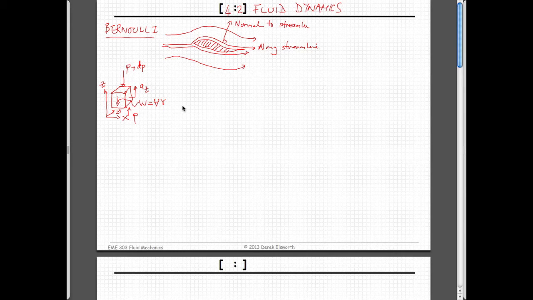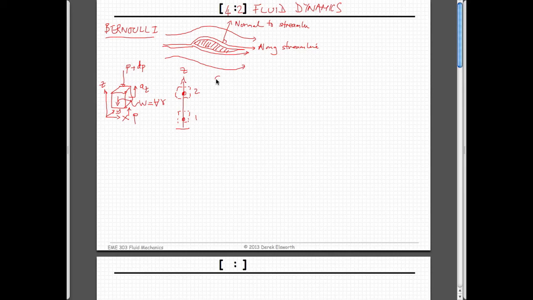So what we could do is resurrect that expression, if you like, to look at, for instance, passing a fluid in the z direction, and look at that little box. Take that little box at position 1 and move it along the streamline to position 2. Right? So we're going to take our container and move it from 1 to 2 using the expressions that we had before.